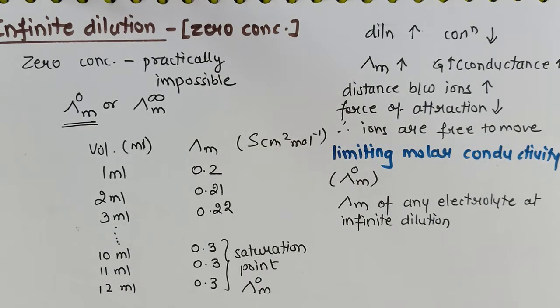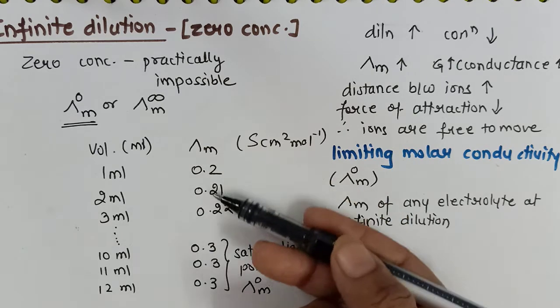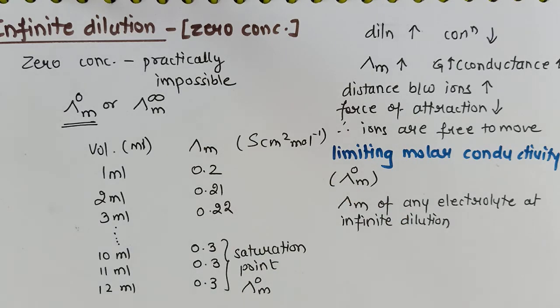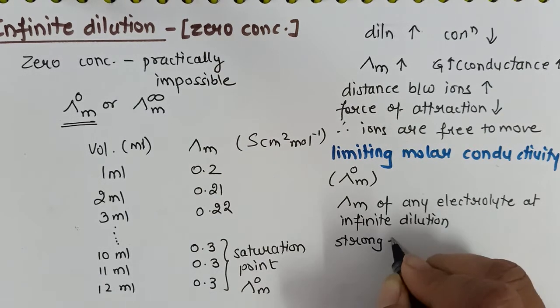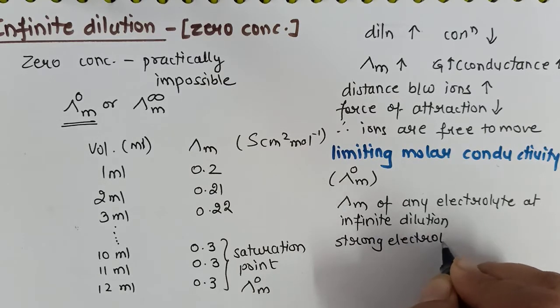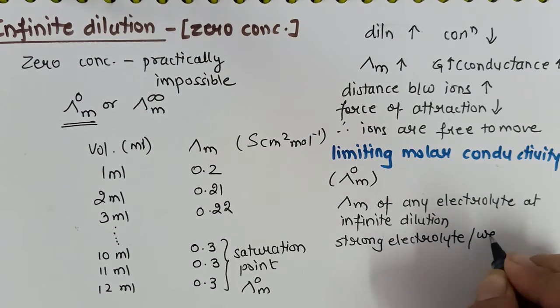So how can we define limiting molar conductivity? It is the molar conductance of any electrolyte at infinite dilution. That means it will be that point where although we keep on increasing the volume, the conductance achieves a saturation level. Now this change in lambda m on infinite dilution depends on the electrolyte, if it is a strong electrolyte or if it is a weak electrolyte.